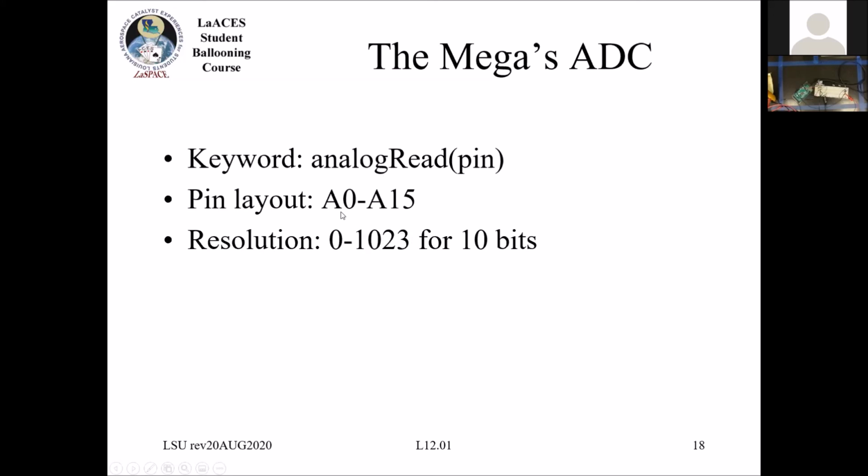So you would do variable equals analogRead(A0), right? And now you have that value stored in a variable, and you can do whatever you like with it. You could write it to your storage. You could do some calculations. It sort of depends on what your goal is. And that is it for the analog to digital conversion lecture.